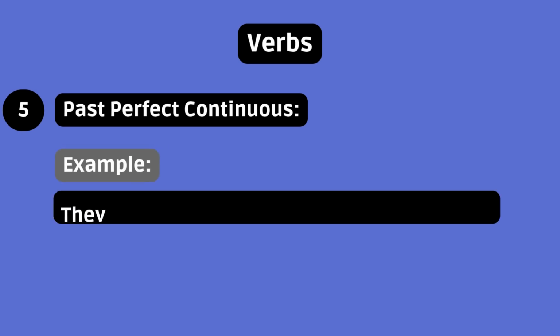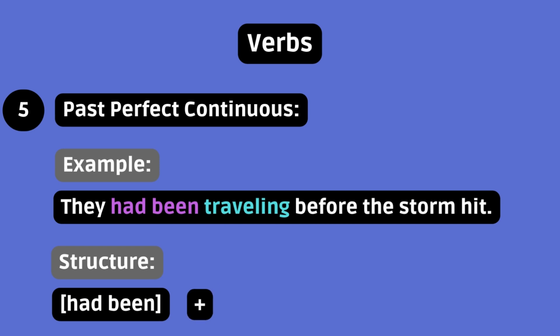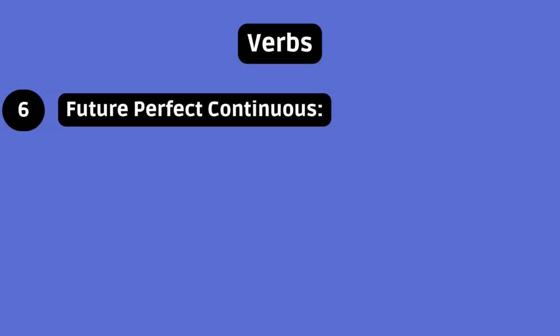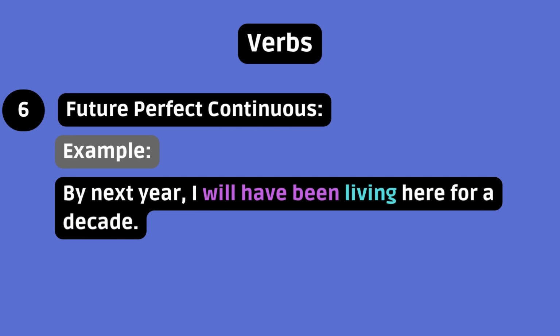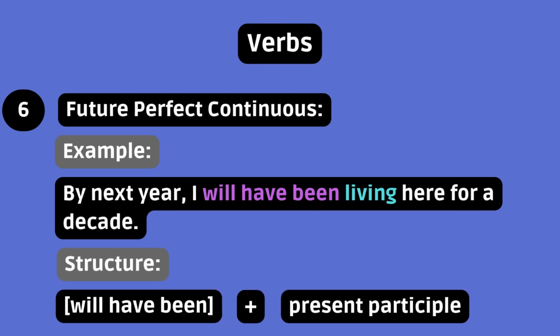Example: they had been traveling before the storm hit. The structure is had been plus present participle. Future perfect continuous. Example: by next year, I will have been living here for a decade. The structure is will have been plus present participle.